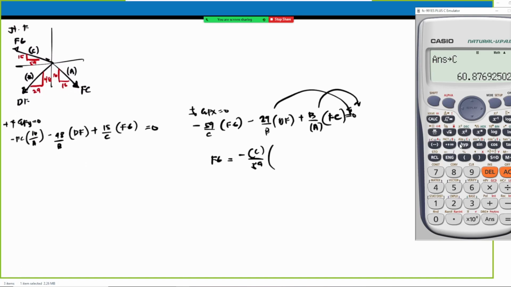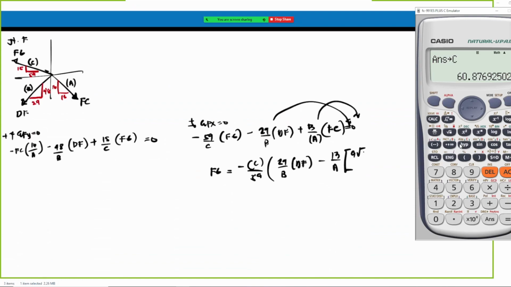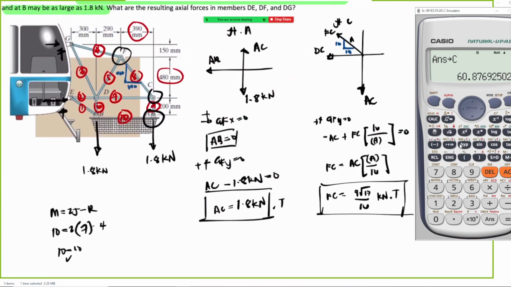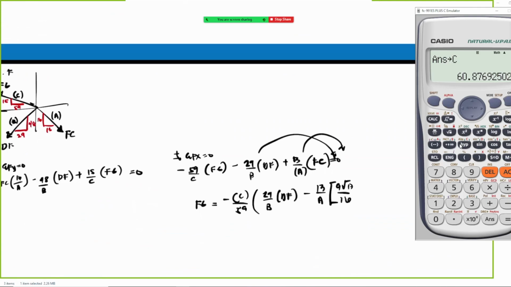So this will be positive 29 over B DF minus 13 over A and then the value of FC, 9 square root of 17 over 16 kilonewton. Okay?